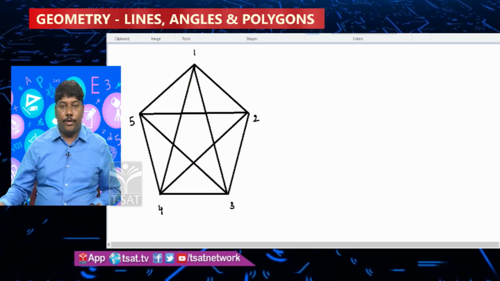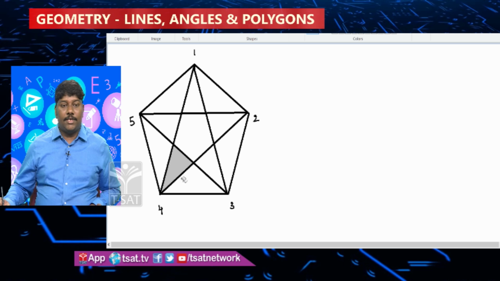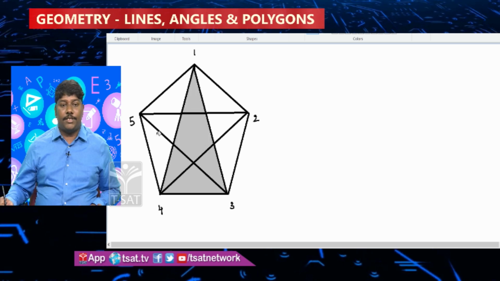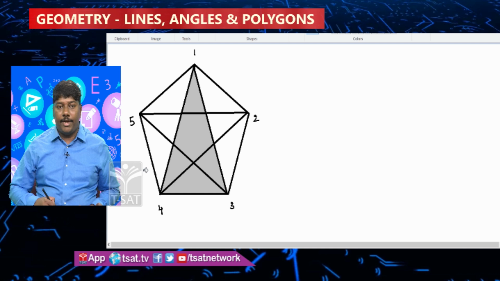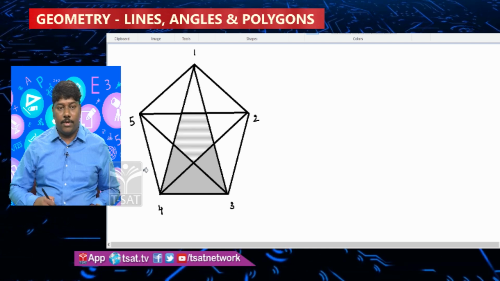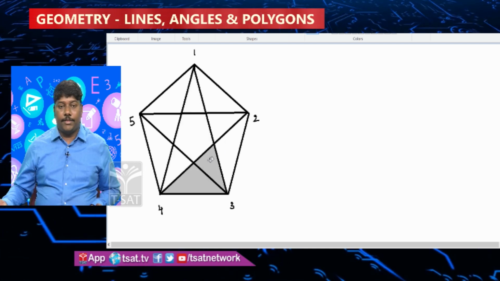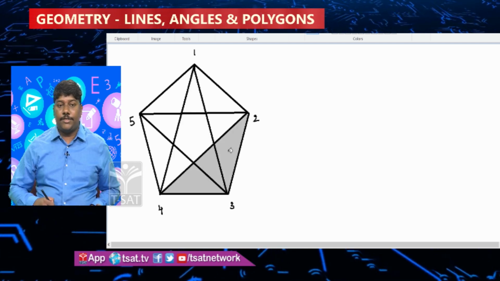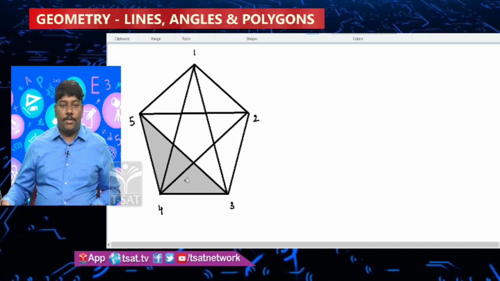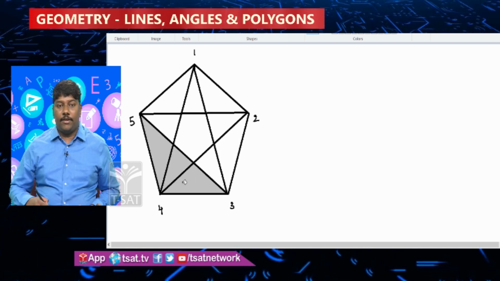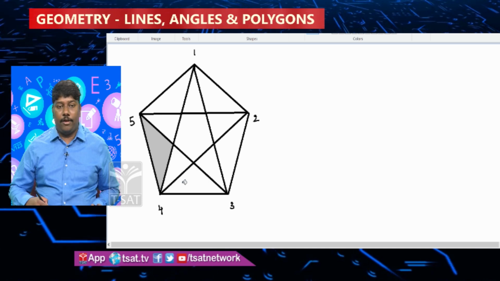Now look at what triangles I am actually looking for. I am looking for the triangles formed by vertices of the pentagon. See this triangle 1, 3, 4, it is formed by using the vertices of the pentagon. In the same manner, look at this. This is a triangle formed by using the vertices of the pentagon. Now look at 3, 4, 5. This is also a triangle formed by vertices of the pentagon.